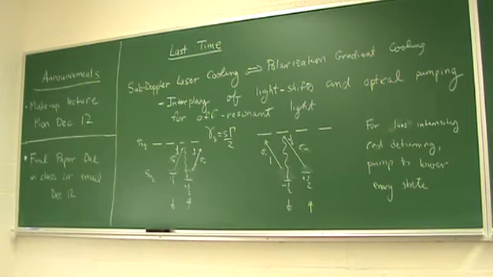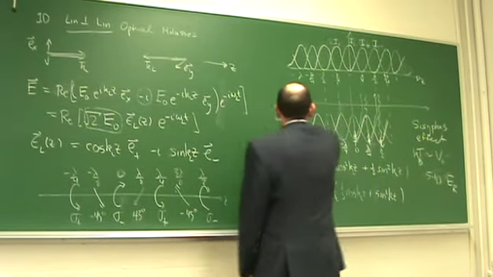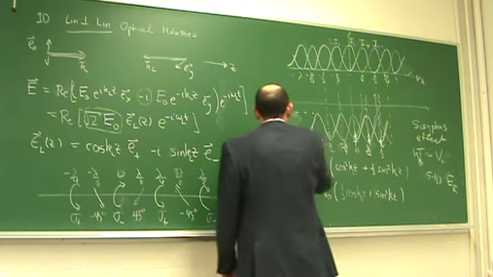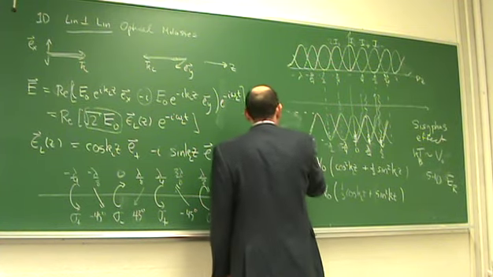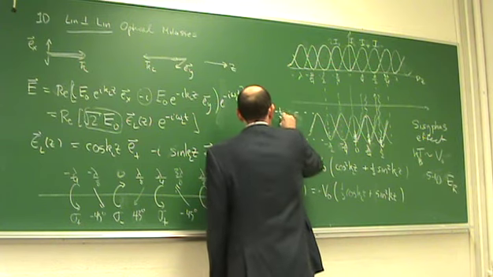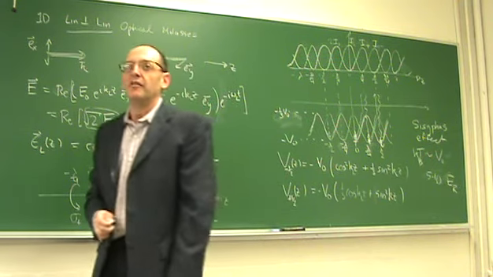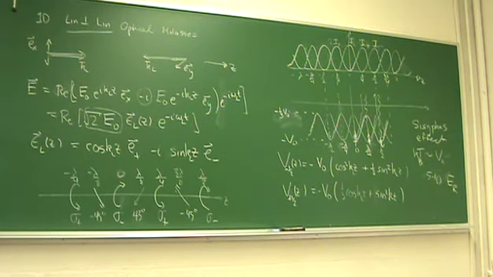What's sketched here is the potential, which goes down by an amount V0 up to a third V0. So the peak to peak is 2/3 of V0, which is expected. That's the difference in these two light shifts.